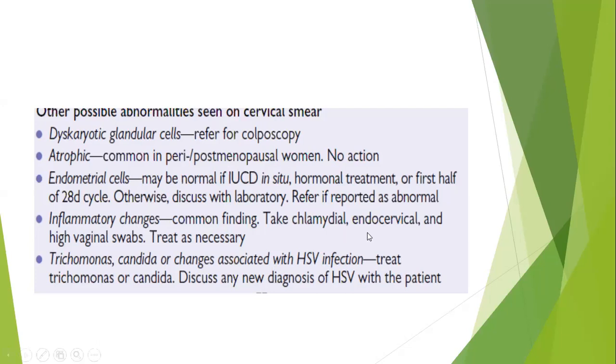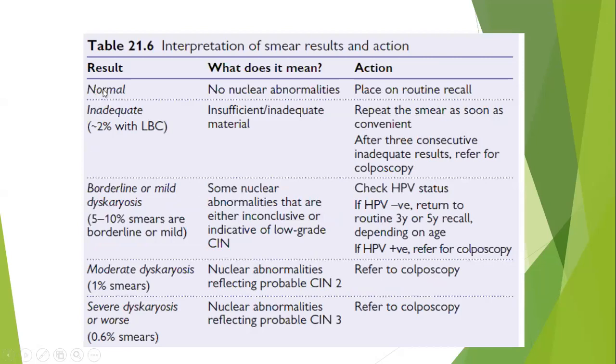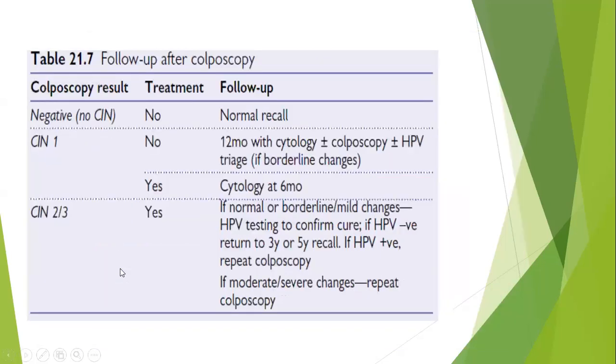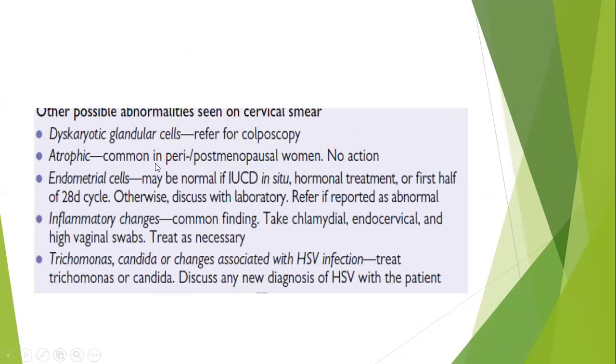You can take chlamydial or endocervical or high vaginal swabs in order to treat that inflammation. You can also see trichomonas, candidiasis. You need to treat that. So this is about the cervical smear. You take the cervical smear, maybe you can get these results or those results, and based on that you will lay down your management plan.